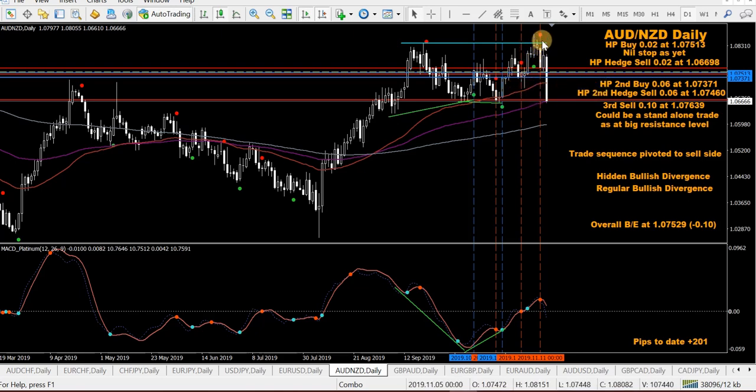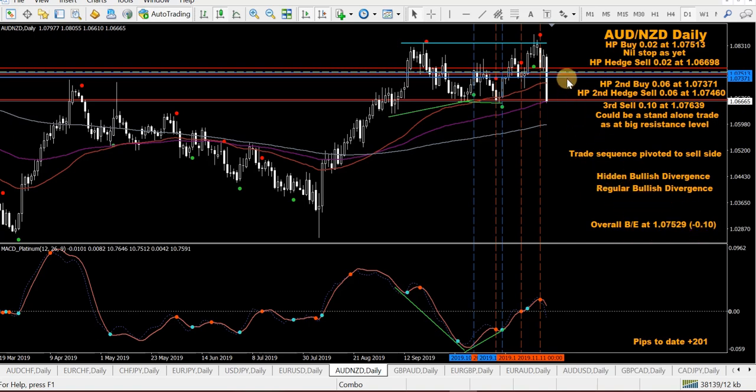I took another sell because I thought once it bounced off that, I'm going to reverse this. You can see the trade sequence pivoted, which means reversed to the sell side. So my bias changed from bullish to bearish. I closed a small trade, and I took a bigger sell. So that's that third sell. And as I said, it could have been a standalone trade at that big resistance level. That's a good double top or resistance level, whatever you want to call it.